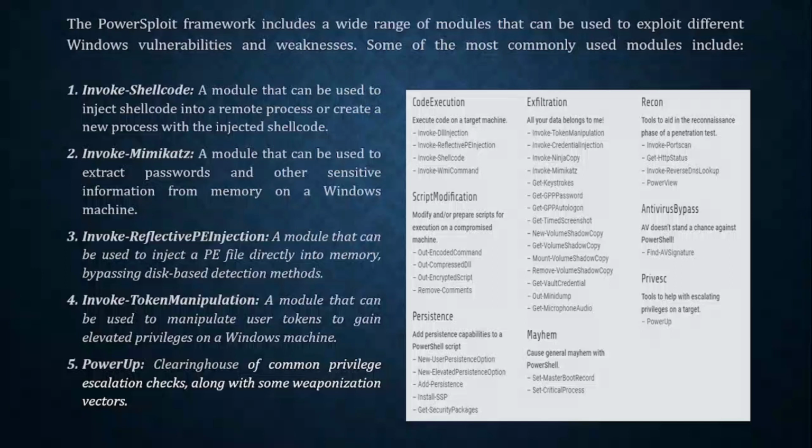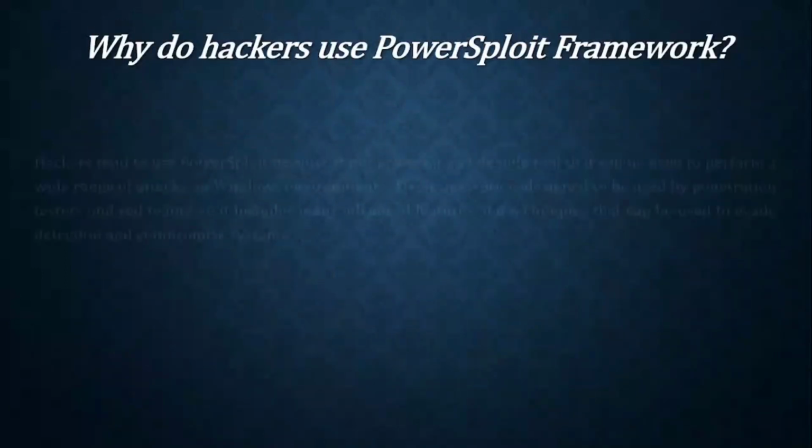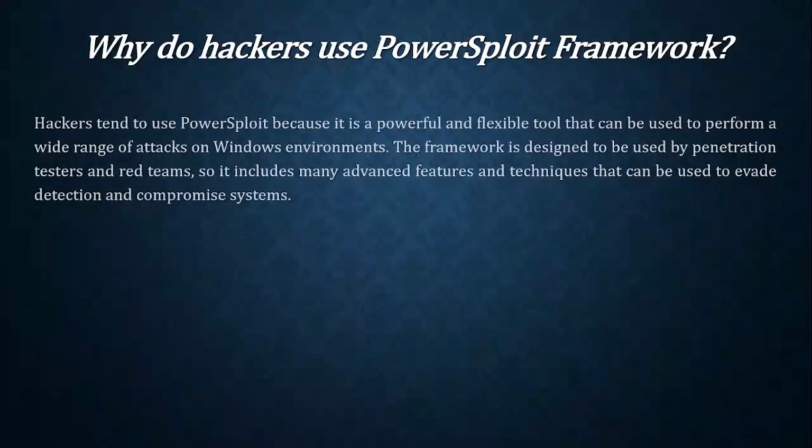Now let us take a look at why hackers use the PowerSploit framework. As you all know, the PowerSploit framework contains a collection of PowerShell modules that can be used to execute post-exploitation techniques on Windows systems to gain unauthorized access. This tool is really powerful and flexible, and hackers can use it to perform a wide range of attacks on Windows environments.